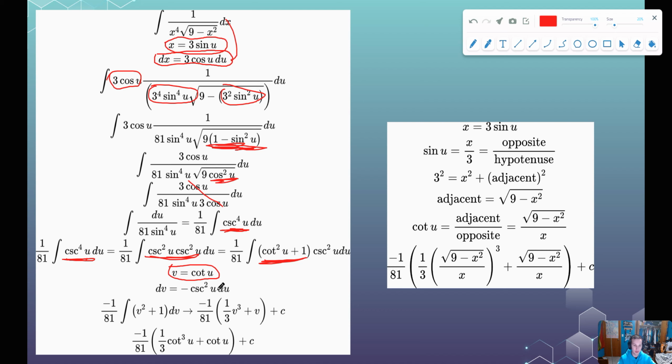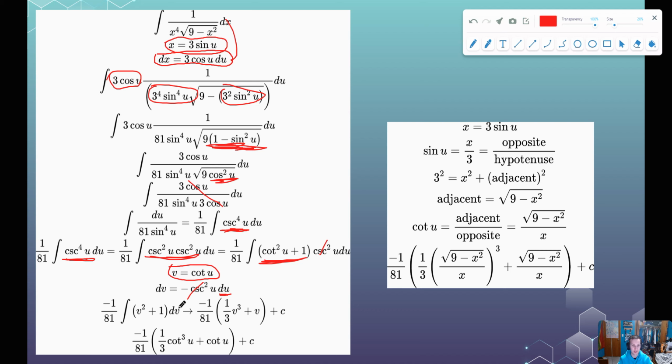And so instead of using u, we already used u, we're going to use v. And so we're going to set v equal to cotangent of u. The derivative of cotangent is negative cosecant squared. Okay, so now it's almost like, okay, this is why we're doing this. Okay, that makes more sense. So then when you end up plugging in for du, your cosecants end up canceling.